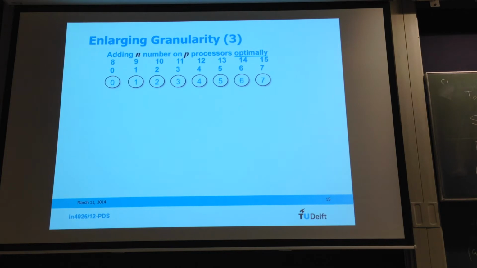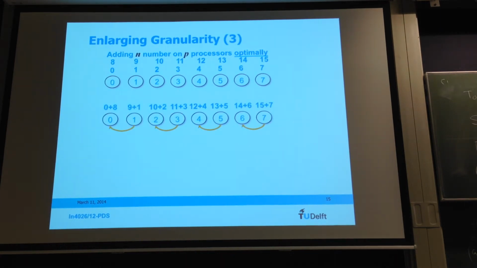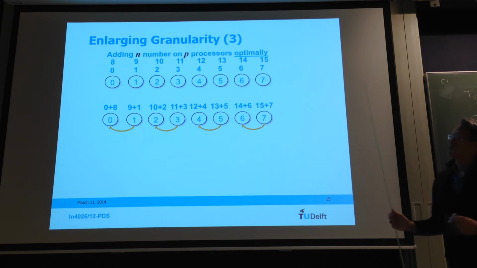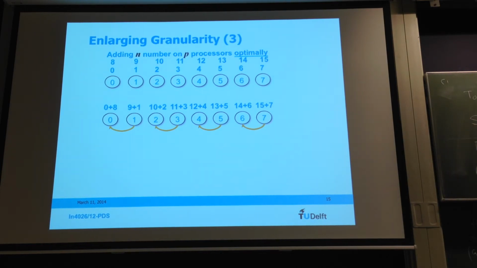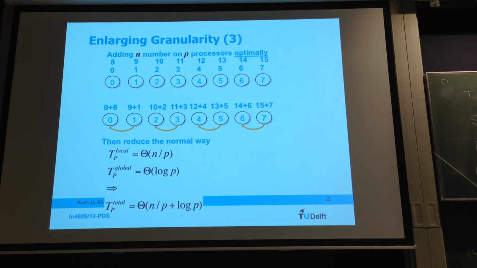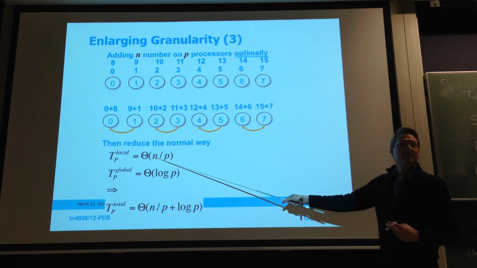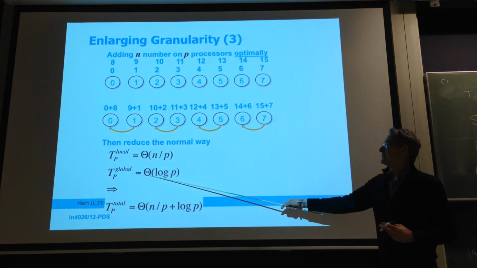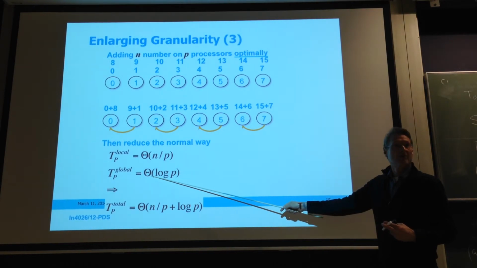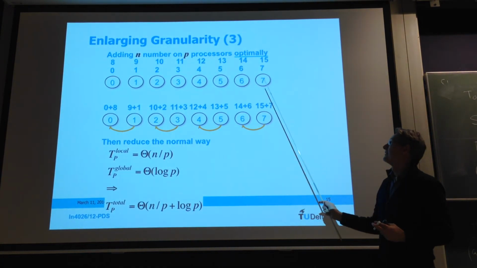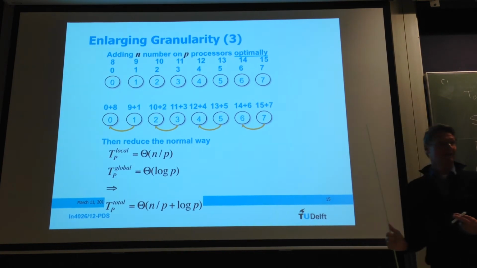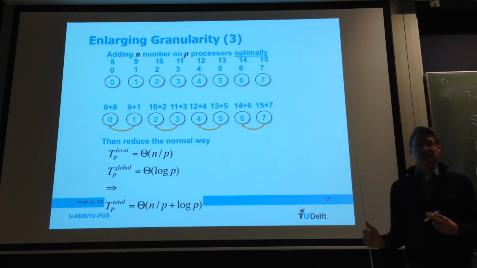Right. So what we do now is to do what I said. You first reduce on the processors and then do the summation, right? A reduction summation. What we have here is that locally the calculation time is n over p, right? And that the global is log p, because each processor only has a single number left, right?